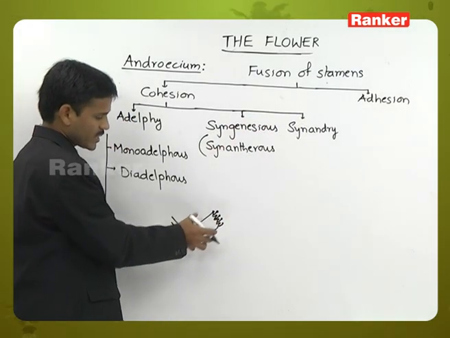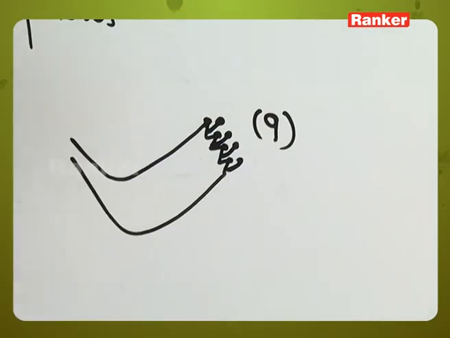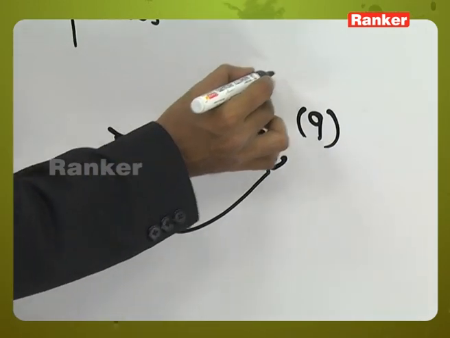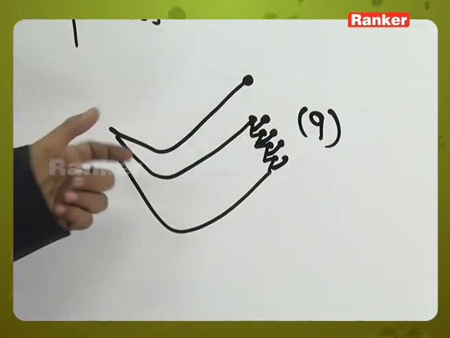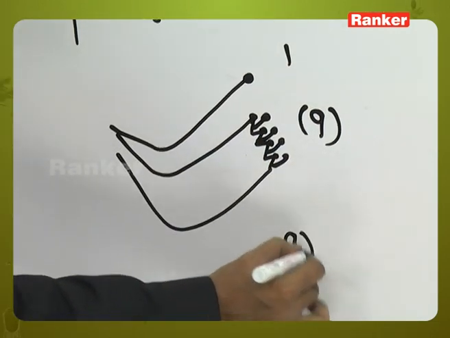The 9 filaments are fused to form a single bundle, and a single stamen is free. Only one stamen is free. Here it is a 9 plus 1 arrangement.